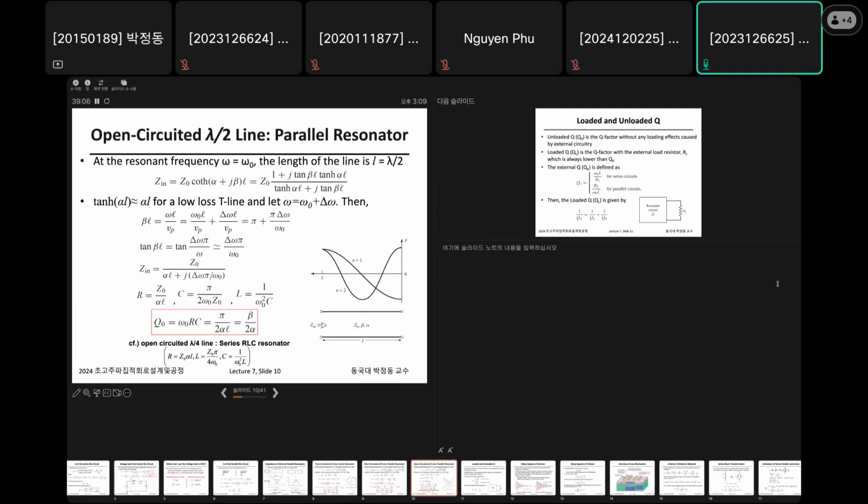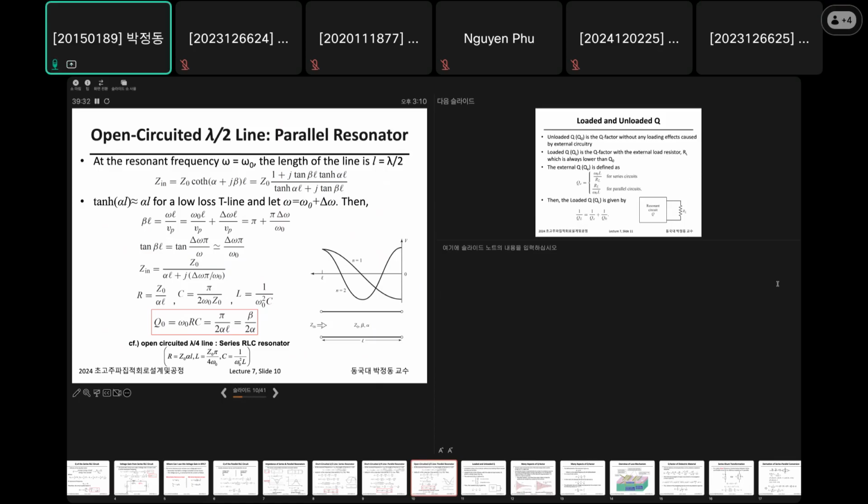Lambda over 4. Okay. If you want to implement a short-circuit series resonator, what is the required length of the short-circuit transmission line? Lambda over 2, Professor. Okay.